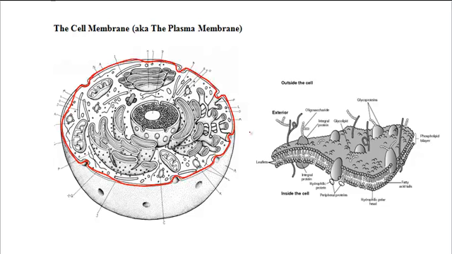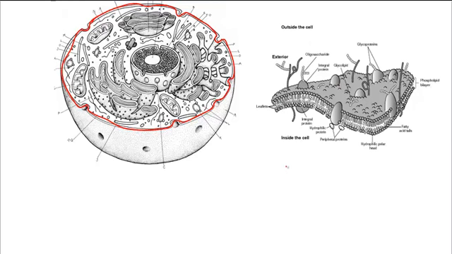As you can see, there's two layers to it, and this is a close-up diagram. The fancy word for inside of the cell is intracellular side. So this would be cytosol beneath it versus the outside, extracellular.